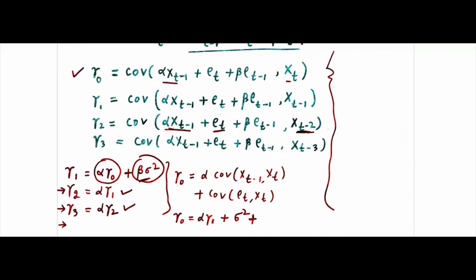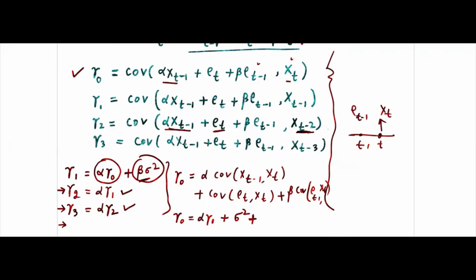When you find this term, let me write the term, covariance, the third one, plus beta covariance et minus 1, xt. So et minus 1, xt: this is t minus 1, this is t. This is the process. This is et minus 1.